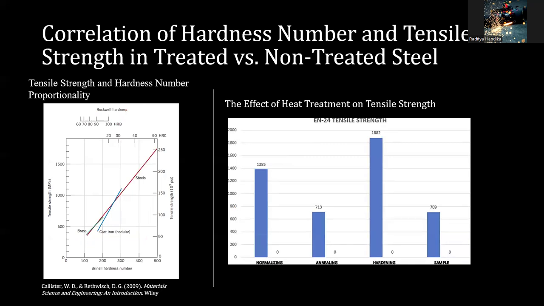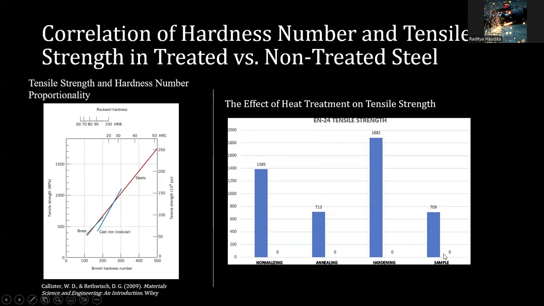And the next one is about the correlation between hardness and tensile strength. Hardness and tensile strength have a direct relationship, evident in this figure, where hardness values for different metals align with tensile strength. Among heat-treated specimens, the highest hardness and tensile strength are found in water quench specimens, followed by air quench and annealed specimens, reflecting the proportionality between hardness and tensile strength.